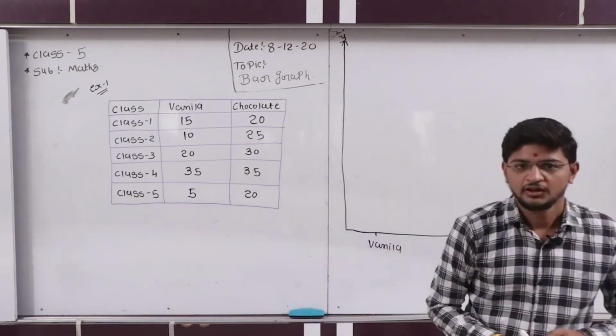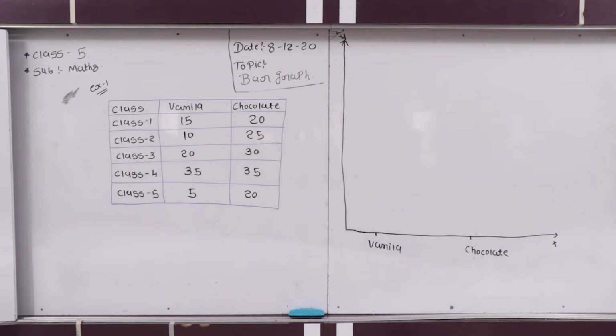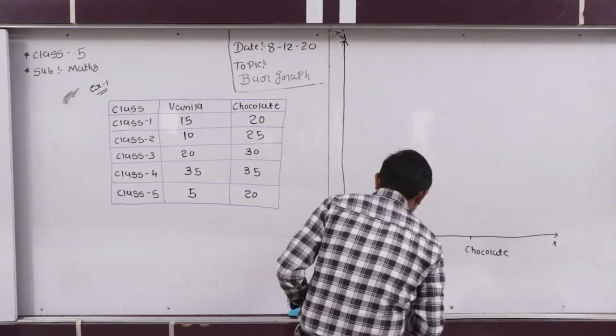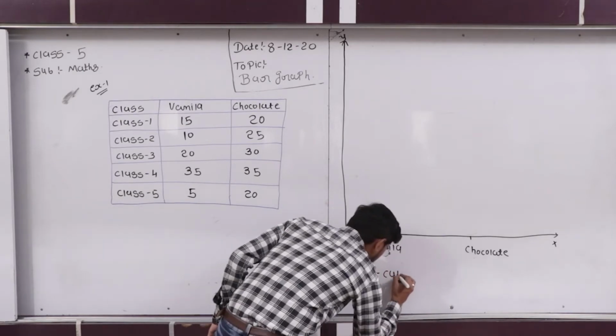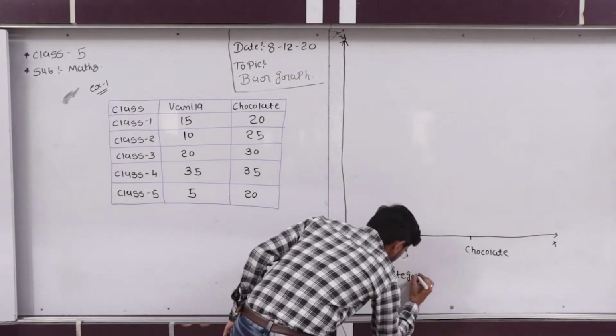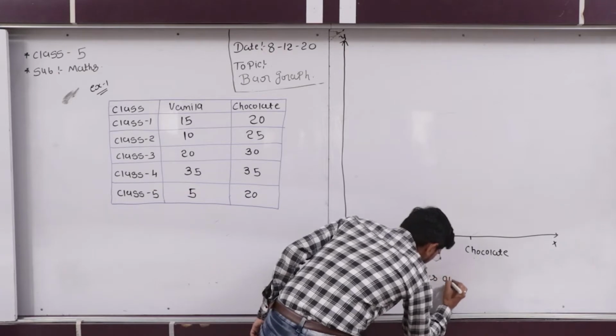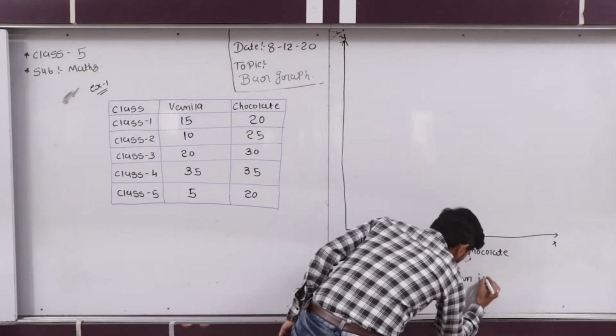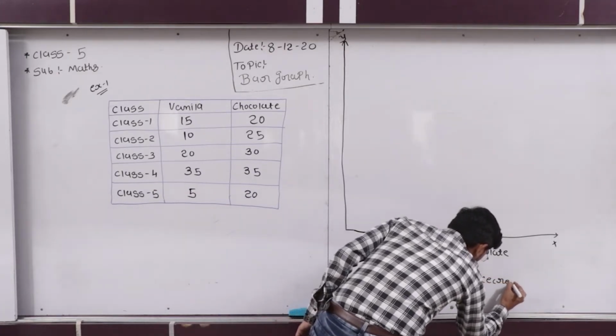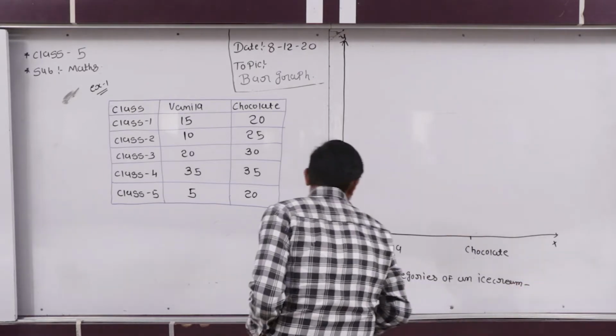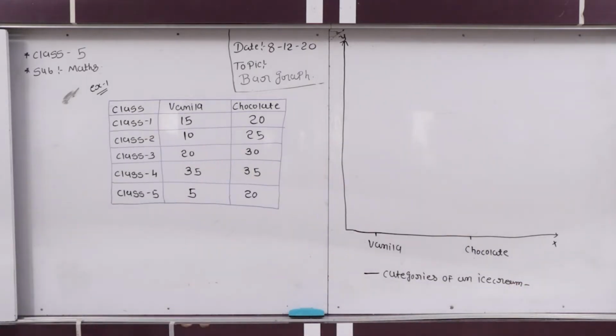On the x-axis we take the categories of ice cream. On the y-axis, we take the number of students.